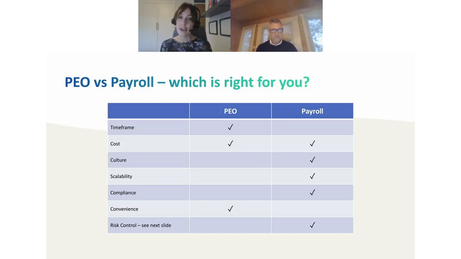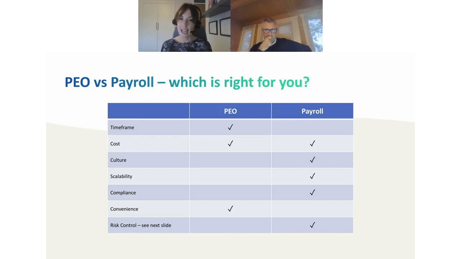The advantage that you have with a payroll solution is that you've got that element of control over the employee life cycle. You're moving away from having any potential resistance from the PEO relationship. The other key thing to bear in mind is that when you've got a PEO, there can be a real lack of flexibility on the benefits piece, which is something a lot of companies are offering nowadays to try and attract the right candidates.